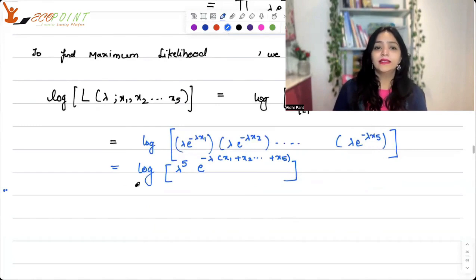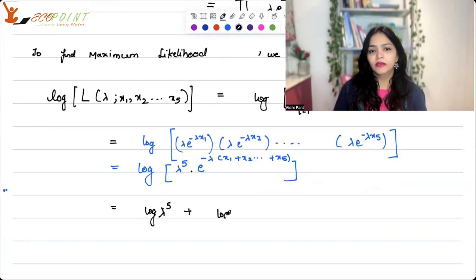Now it's the log of this product, so I can break it. This is log of lambda to the power 5 plus log of e to the power minus lambda times (x1 plus x2 till x5).